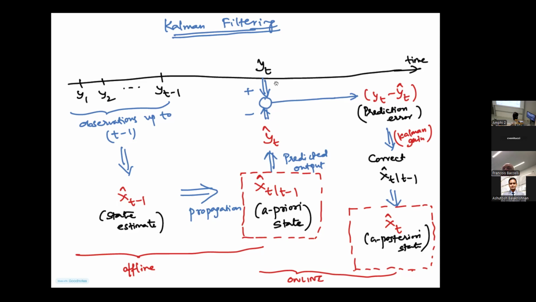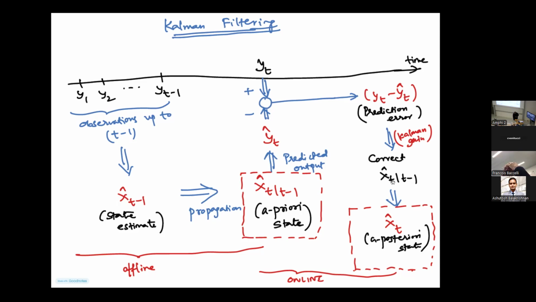Now, if we get the new observation at t, which is y t, then we take the difference, which is the prediction error, and then we have a Kalman gain, which is a function of this prediction error, and we try to correct the a priori state, which is x hat of t given t-1, which was obtained previously.